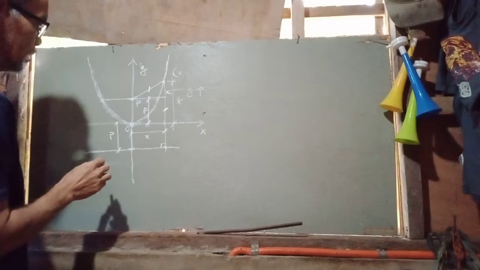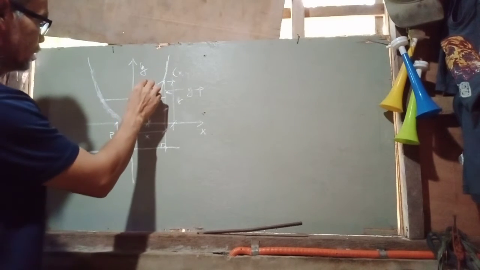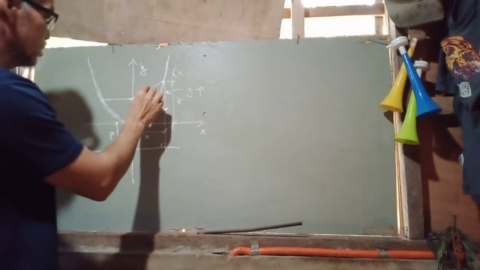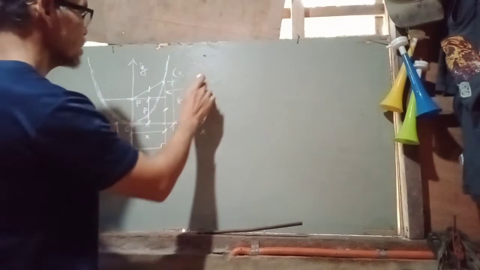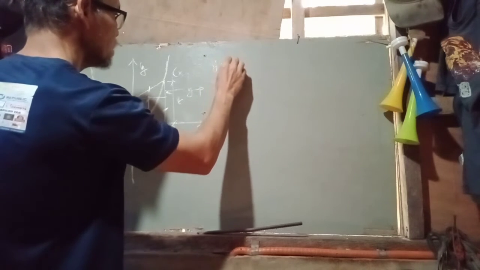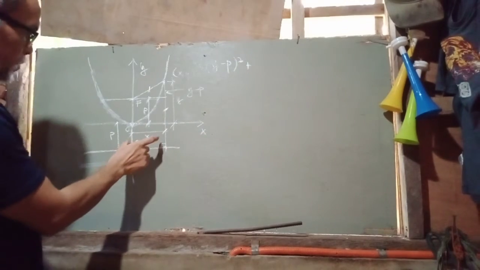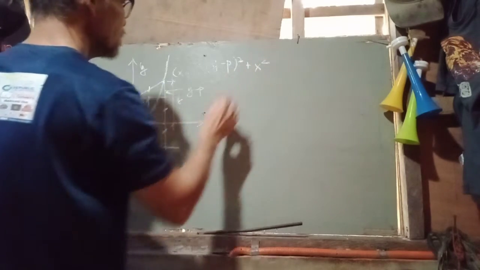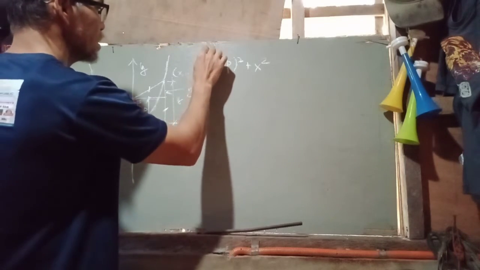So let's see, this distance here is equivalent to the square root of (y minus p) squared plus x squared, because it is the hypotenuse.